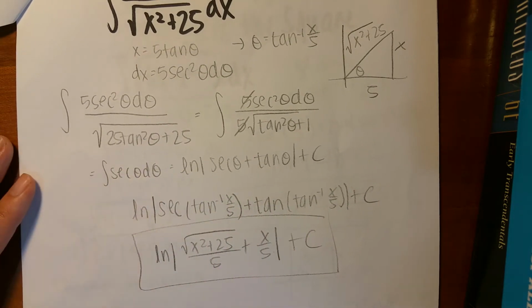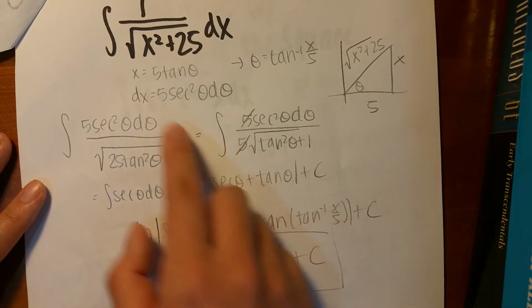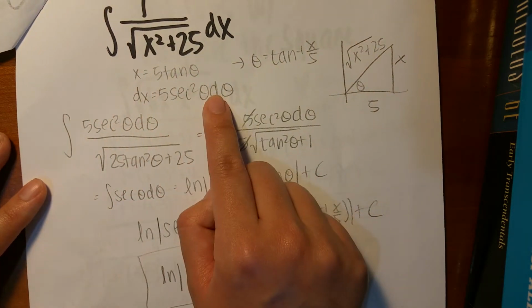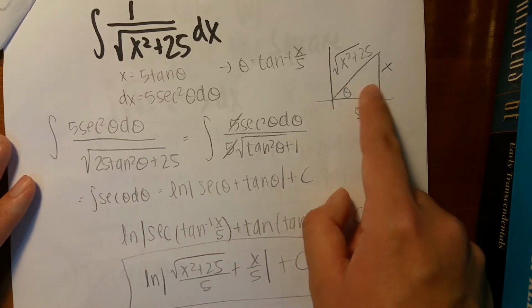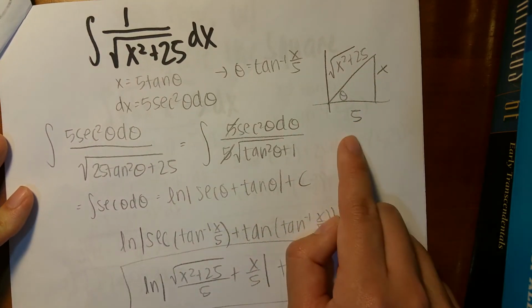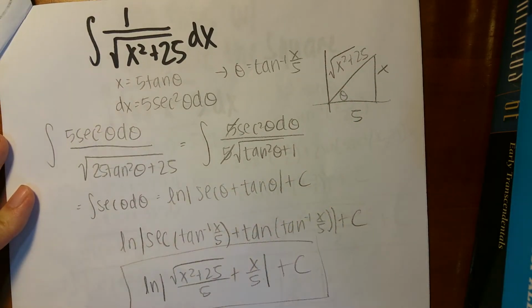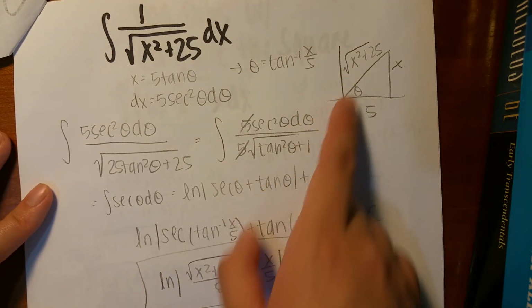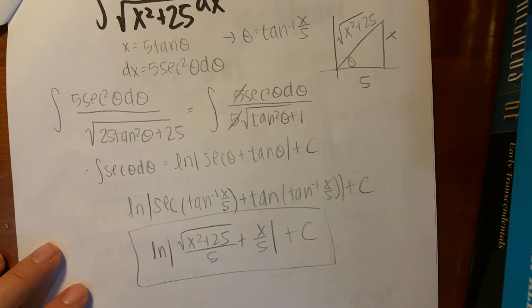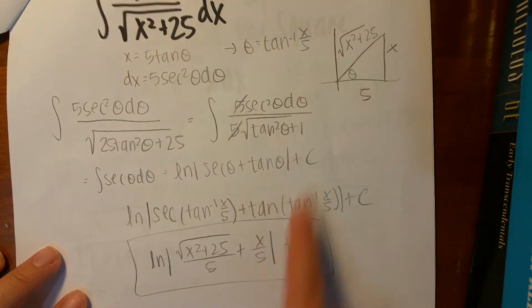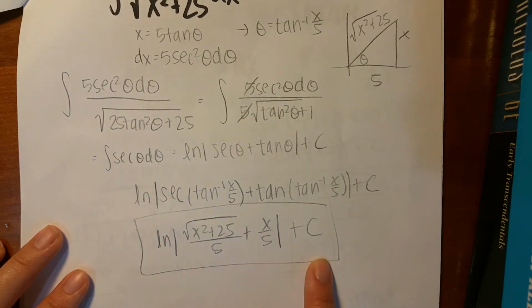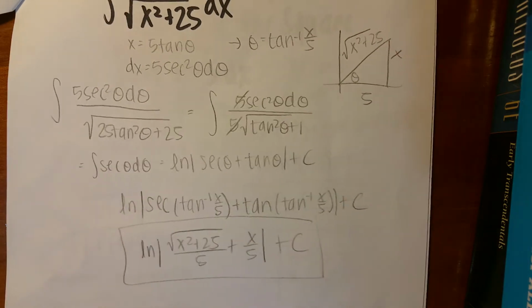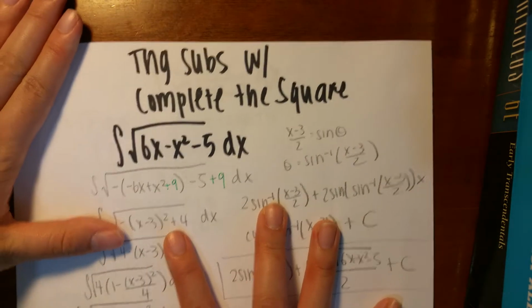To simplify even further, we can draw a triangle knowing the fact that tangent theta will equal x over 5, meaning the opposite side of theta will equal x and the adjacent side will equal 5. Now we can use the Pythagorean theorem to solve for the hypotenuse, which will be the square root of x squared plus 25. Now we substitute in all these values using the three values of the triangle to get our final answer right here. Let's do a second example problem.